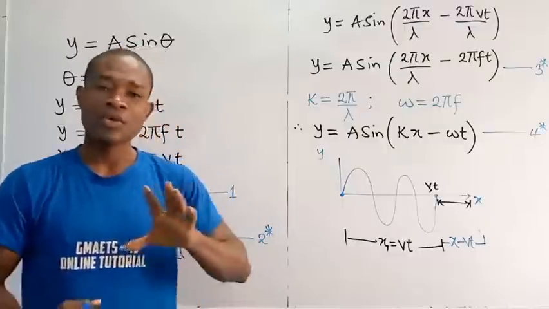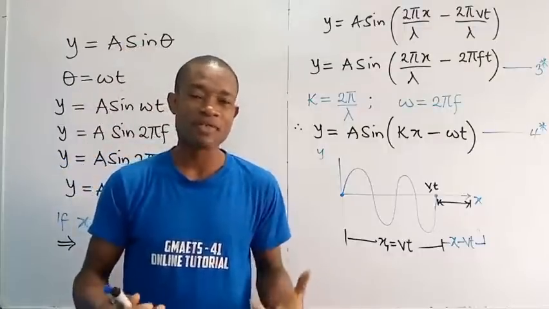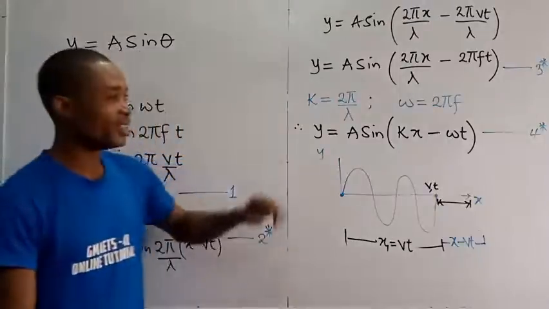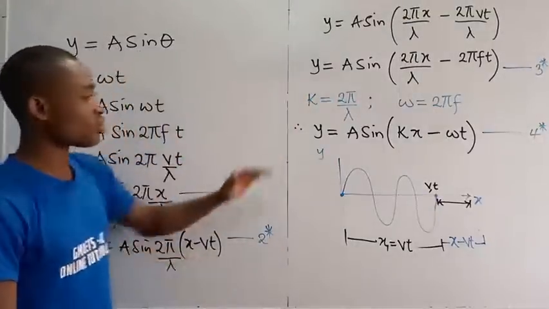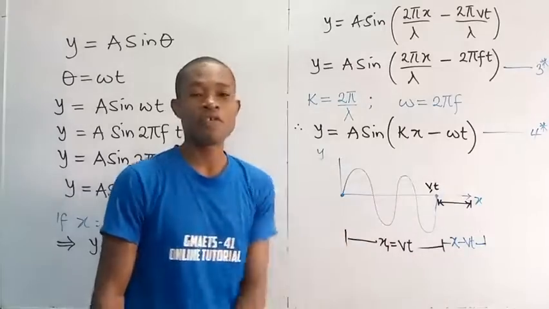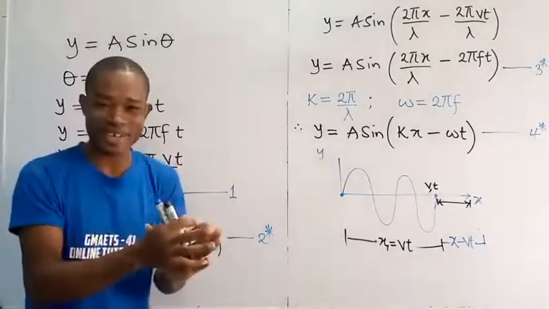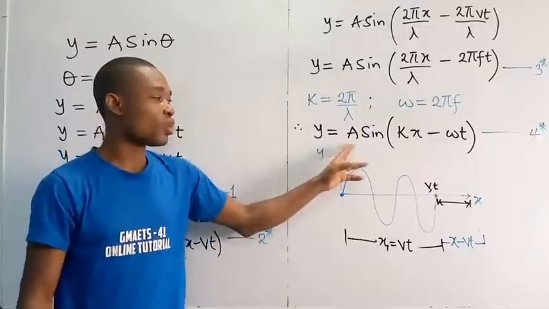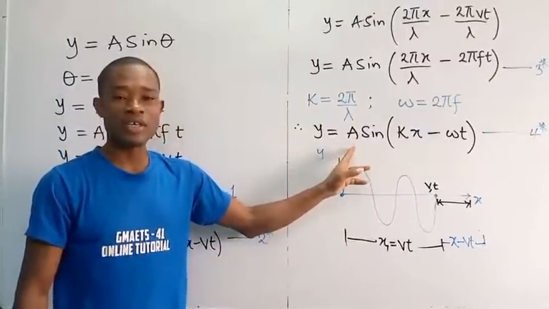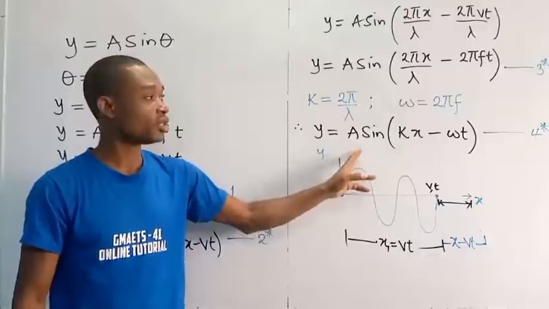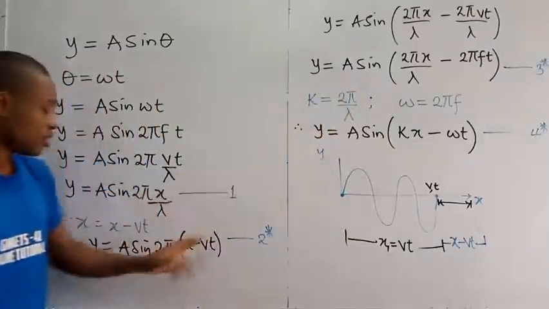Because like I said, when problems are given for you to solve, usually they are linked to either equation 2 asterisk, 3 asterisk, or 4 asterisk. But all in all, you need to understand what has been done here. Is that okay? This equation is what we refer to as the progressive wave equation. Either this, or this, or this.